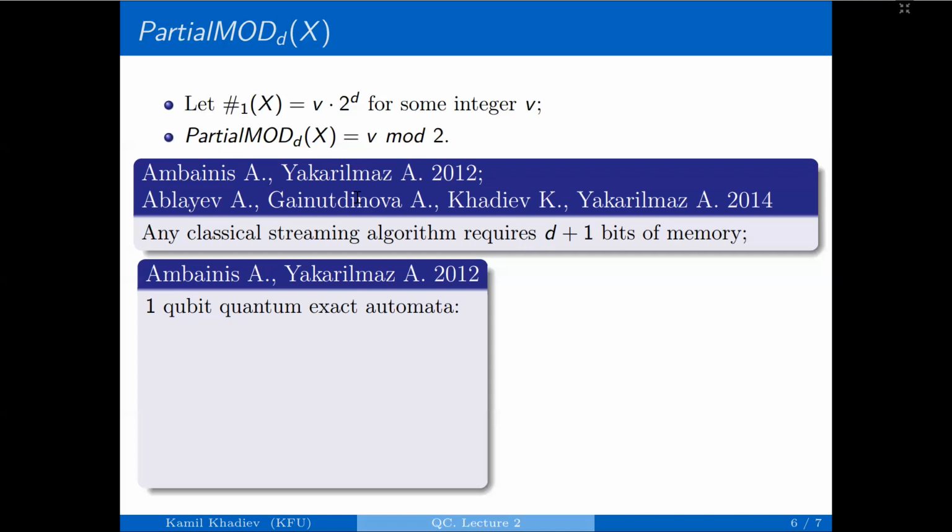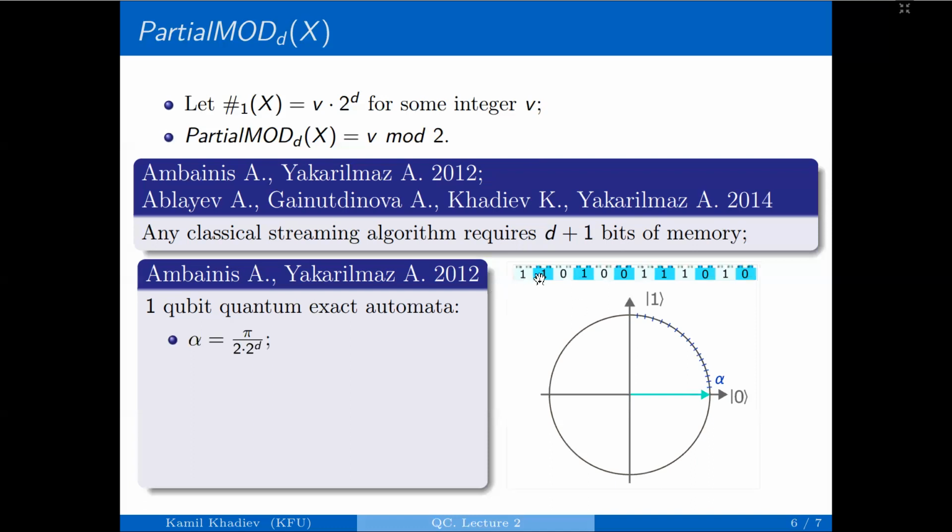Okay, let me tell you how to do it. For example, for this input, we consider this circle and split a quarter of the circle into 2 to the d parts. So we consider one angle alpha, that is pi over 2 times 2 to the d.